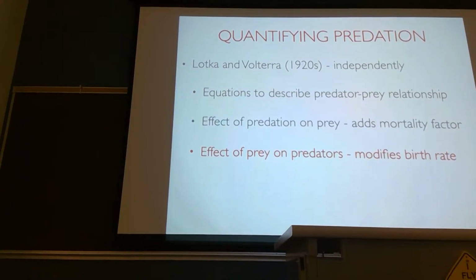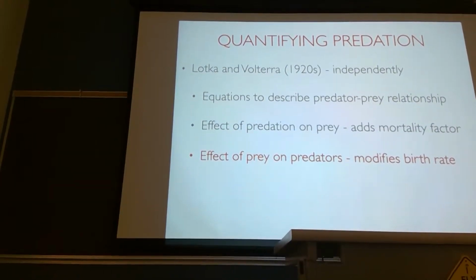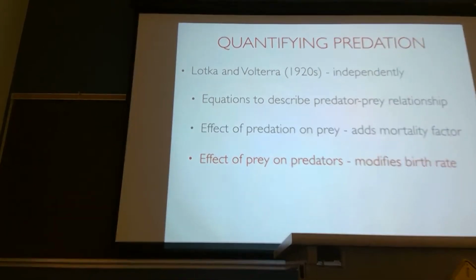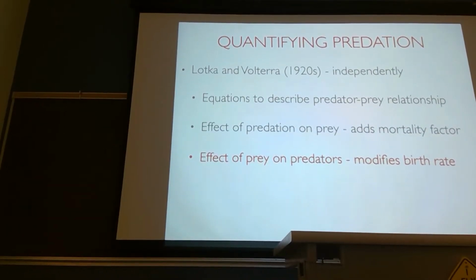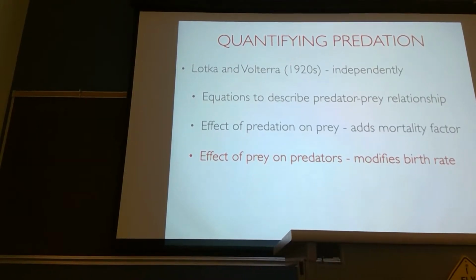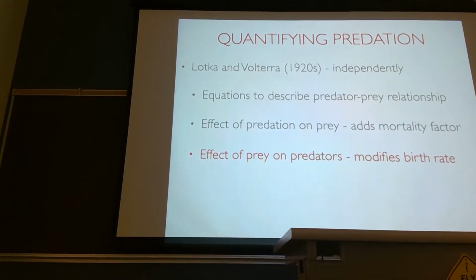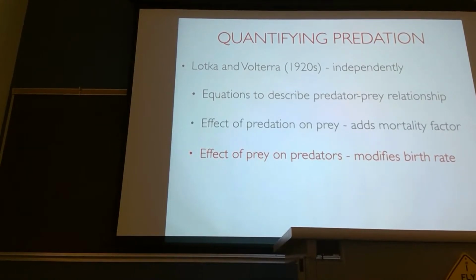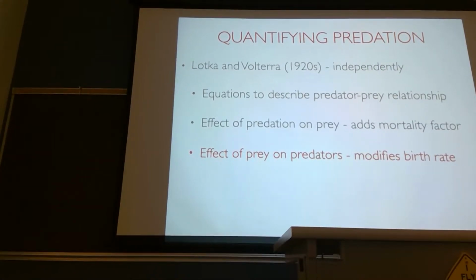The take-home message is that predation adds a mortality factor for prey. It increases their death rate. It doesn't really affect their birth rate, but it changes their death rate. And it's not just based upon their own density now, it's also based upon the density and abundance of predators. The opposite is true for predators.